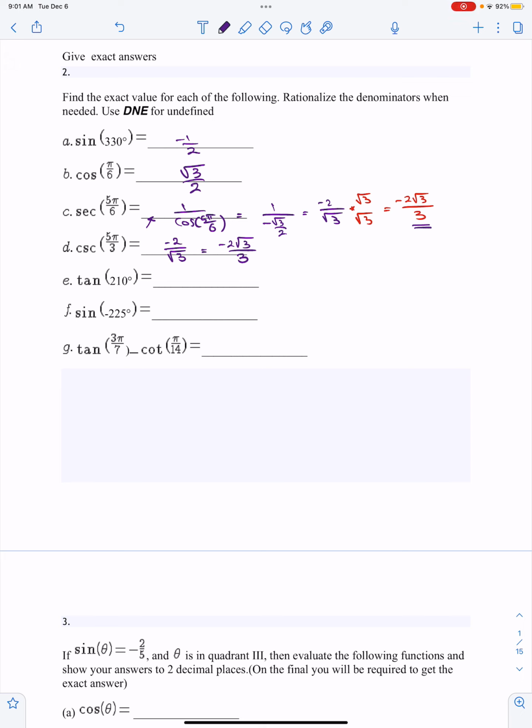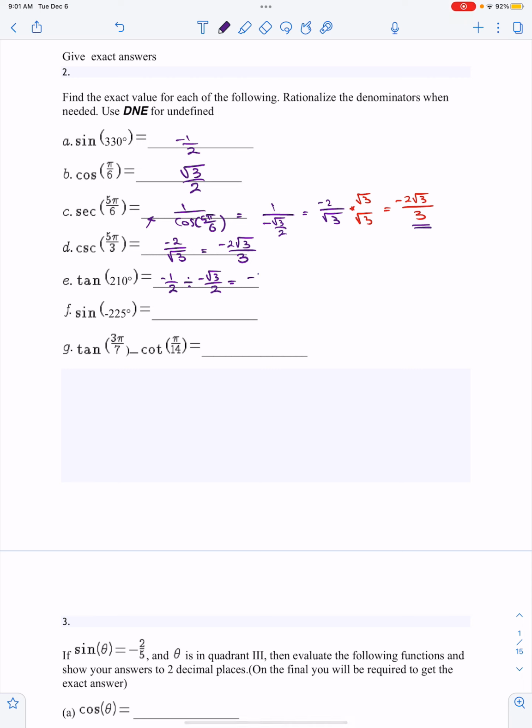And then tangent 210, we know that tangent is sine over cosine, which means it's negative 1/2 divided by negative square root of 3 over 2. So negative 1/2 is sine 210 divided by negative square root of 3 over 2, which is cosine 210.